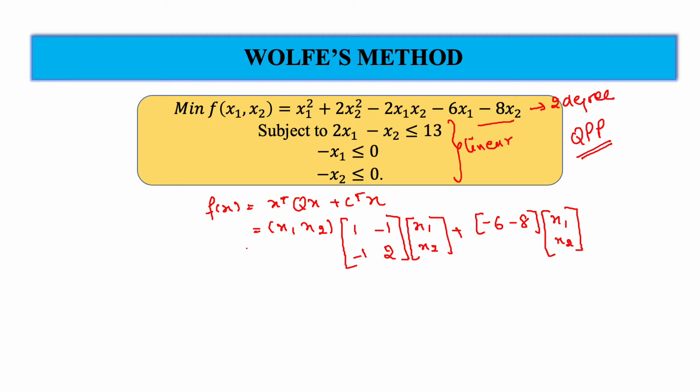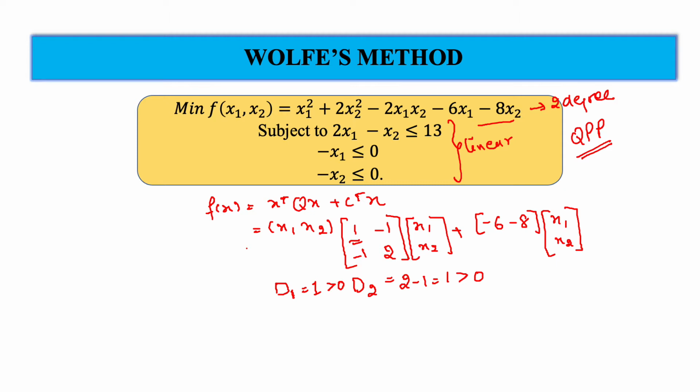Now we will check whether it is positive semi-definite or not. For that we find its principal minors. The principal minor of order 1 is 1, and the principal minor of order 2 is the determinant of this matrix, 2 minus 1, which is 1, greater than 0. Both minors are greater than 0.